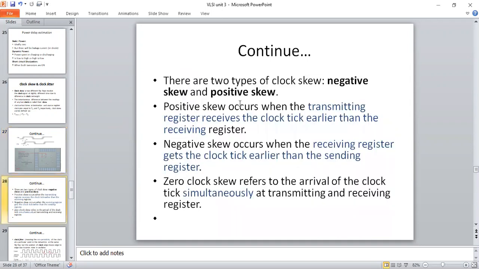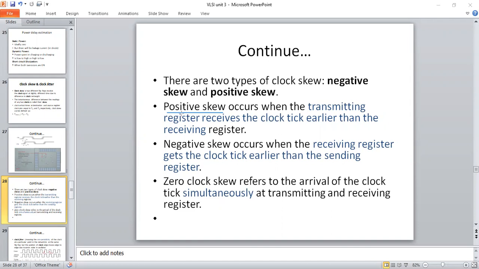Here mainly we are taking two types of clock skews. One is called negative skew, the next one is called positive skew. Okay. So what is the positive skew? When the transmitting register receives the clock tick earlier than the receiving register, it is called positive skew.